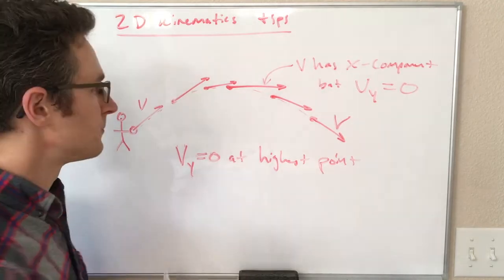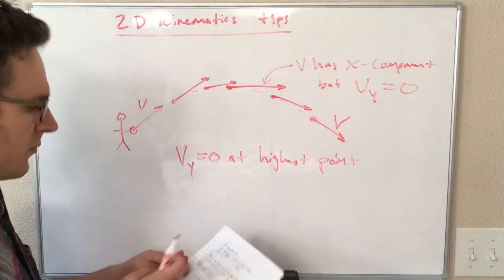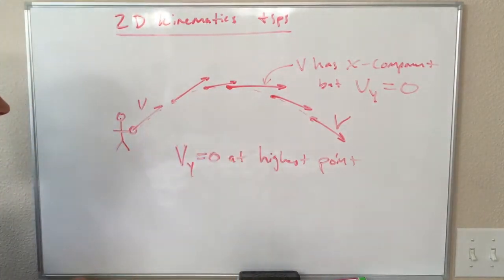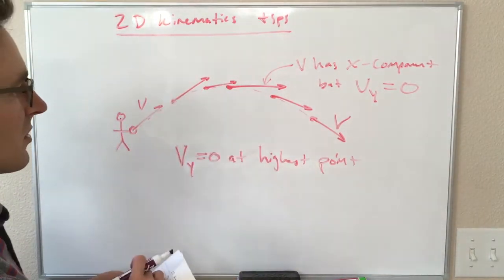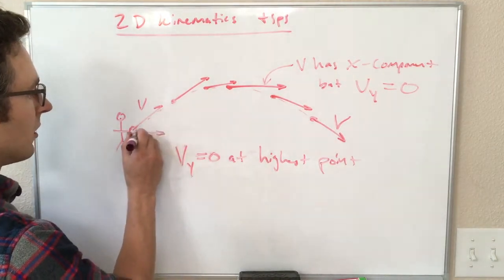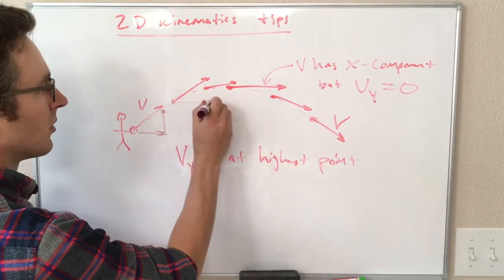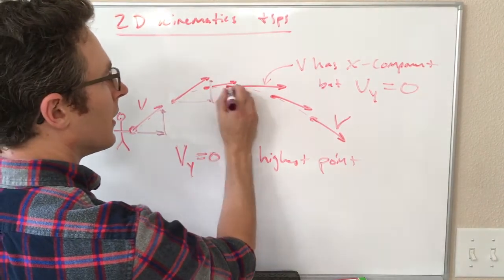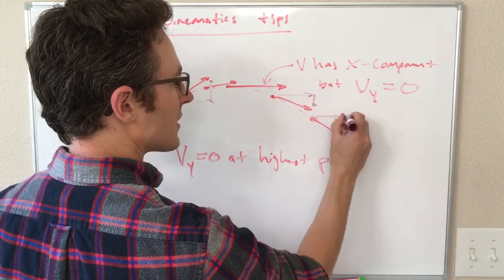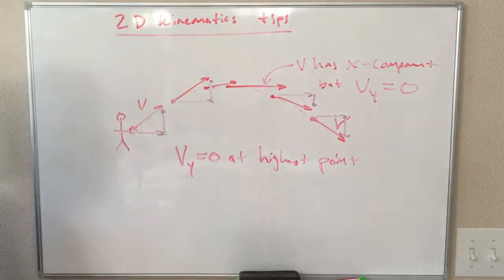While we have this diagram up here, it is useful to think about these velocity vectors and their components as I've drawn them. Here we have an x component and a y component, and so on at each point, with an x component only at the top.